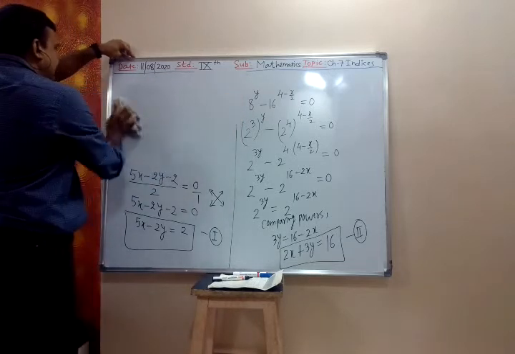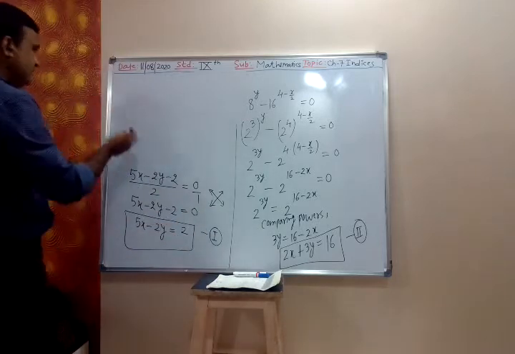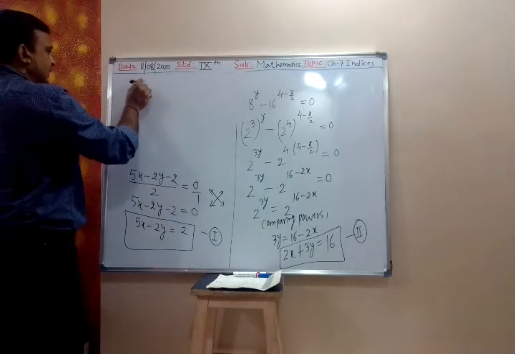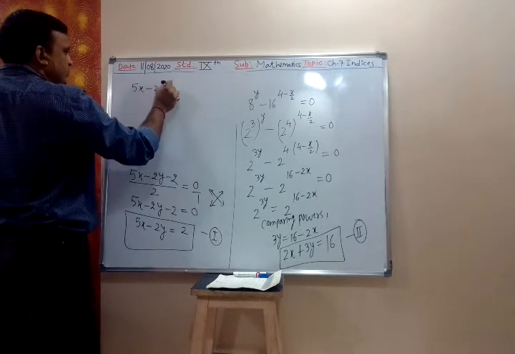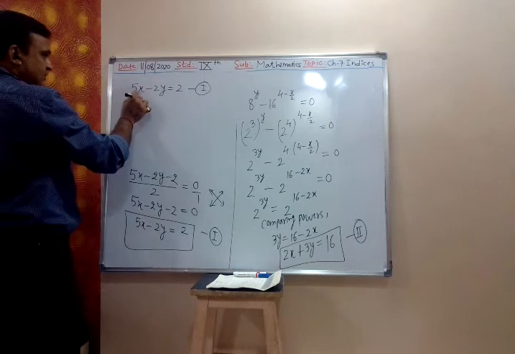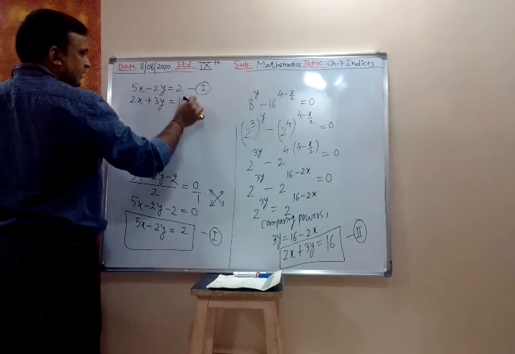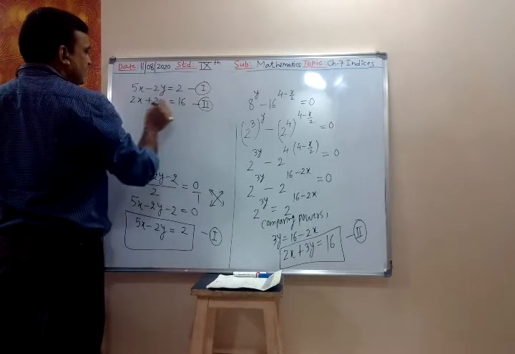And if they have same sign, we have to subtract. If they have opposite sign, we have to add. Now first is 5x minus 2y is equal to 2, equation number 1. Then 2x plus 3y is equal to 16 is my equation number 2.